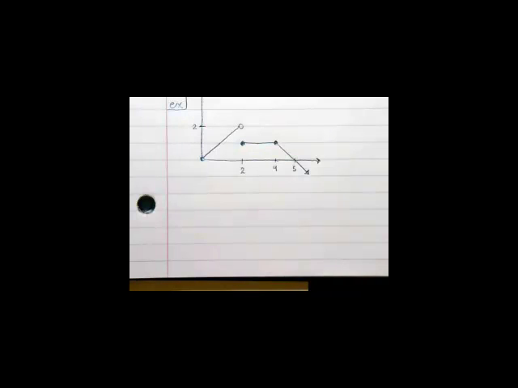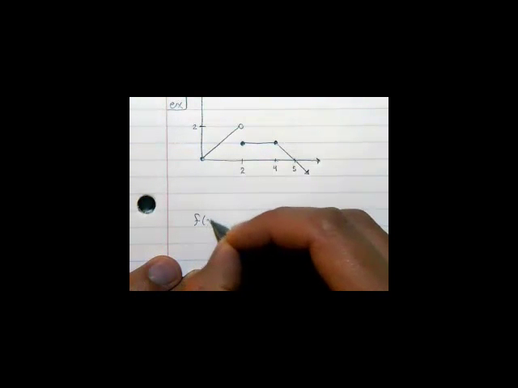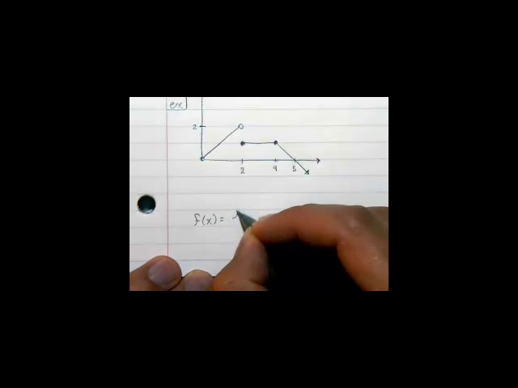First things first, how many pieces do we have? 3. So when we write out our equation, we need to make sure we leave room for 3 pieces.